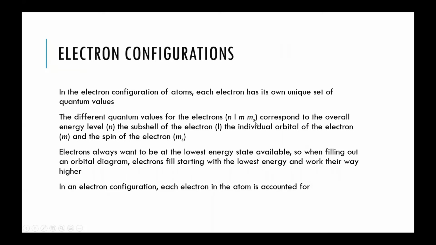Each one of the electrons in an atom has all four of these numbers. An electron configuration is a way to write out all of these numbers and describe what the energy is for that particular electron, and then for an element, what the energy is for all of the electrons within that element.